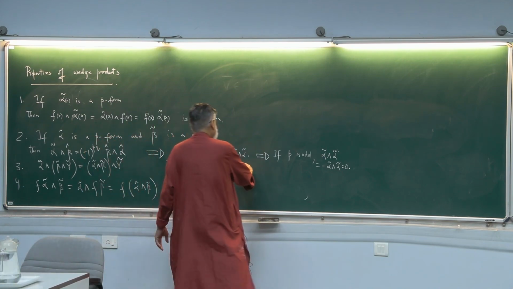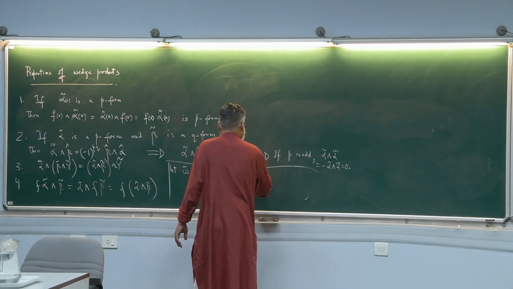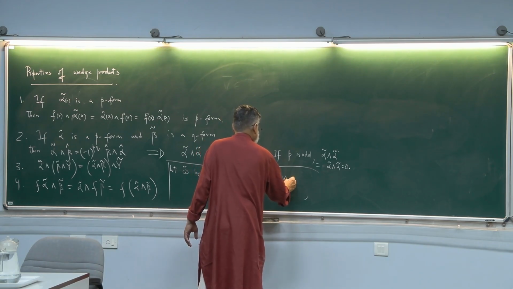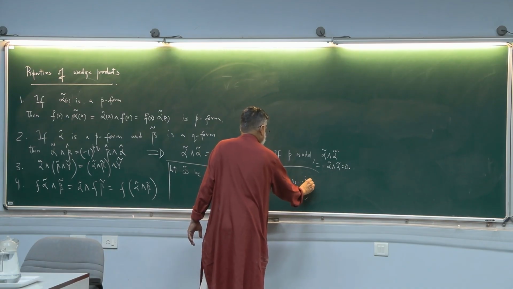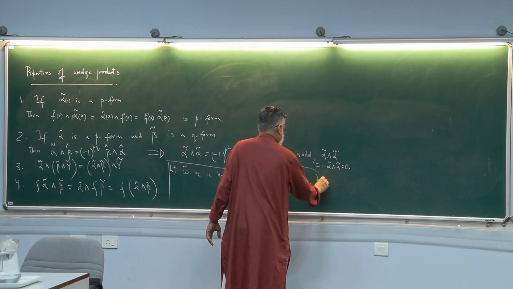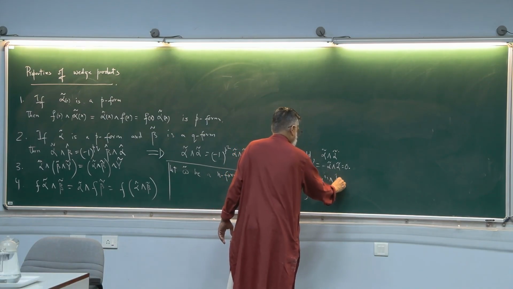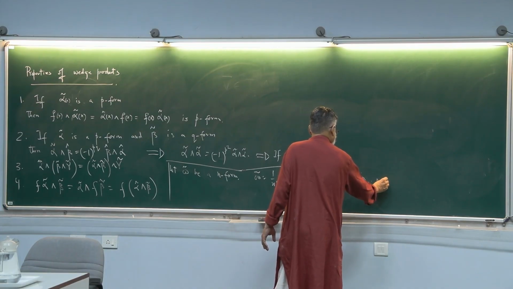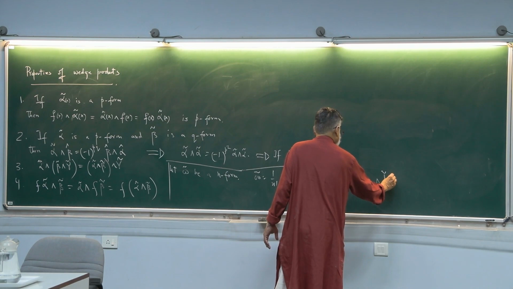I can write omega as 1 over n factorial and its components omega I1 through In multiplied by dx I1 wedge dx I2 and so on up to dx In.